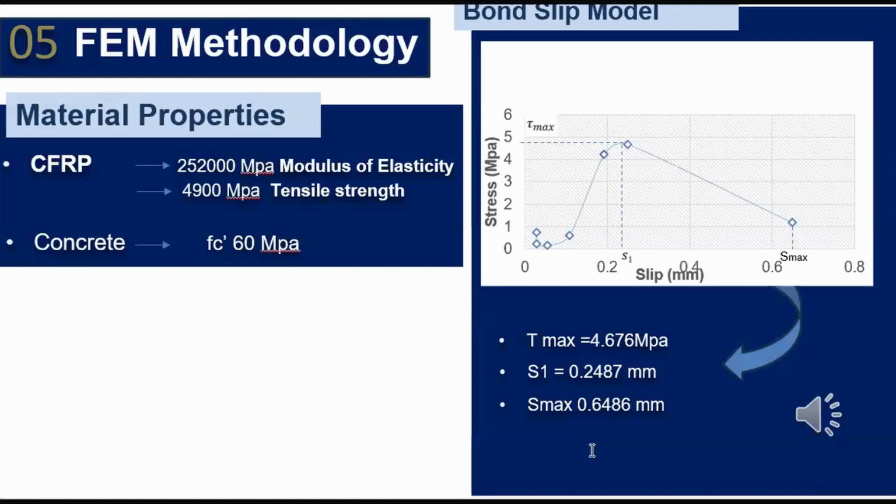And to define the interaction between the CFRP and concrete, as previously mentioned, we defined the main parameters of the bond slip model calculated from experimental data: tau max, for the 3 specimens an average of 4.676, and the corresponding slip for tau max is 0.2487 millimeter, and the maximum slip 0.6486 millimeters.